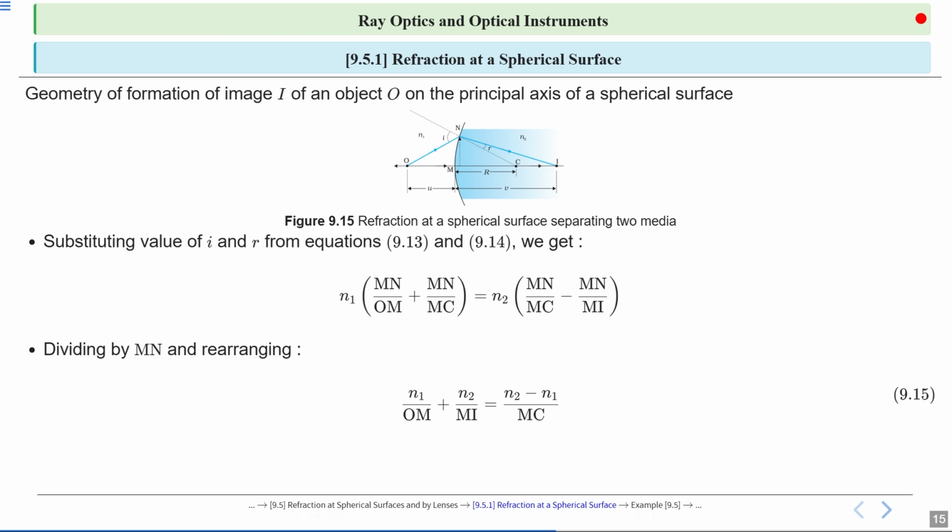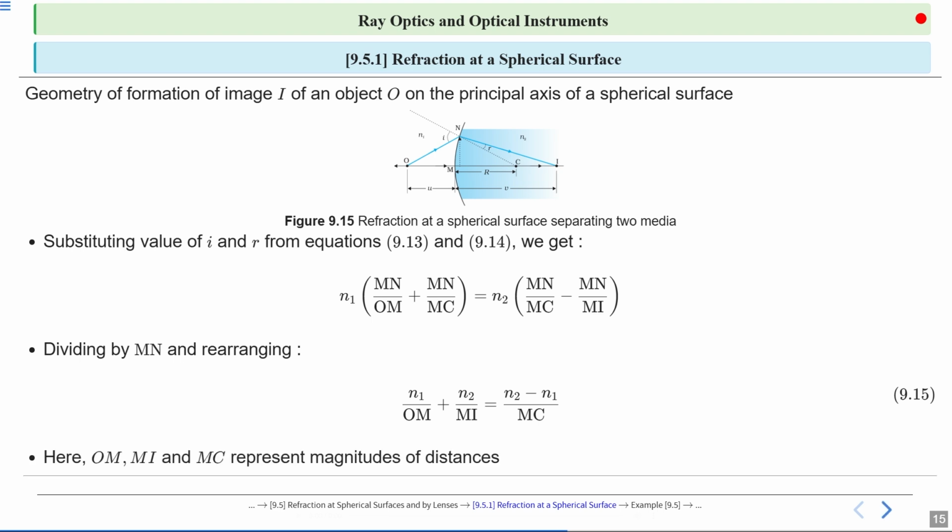So we have rearranged this equation. N2 upon Mi we have brought to the left hand side, and N1 upon MC we have brought to the right hand side. So it will become N1 upon Om plus N2 upon Mi equal to N2 minus N1 upon MC. And this is equation 9.15. So this is the solving part. After solving and rearranging and dividing by Mn, we come to that.